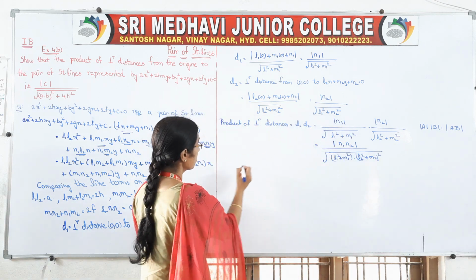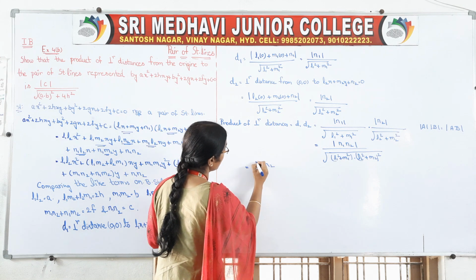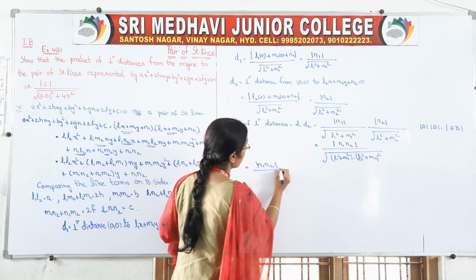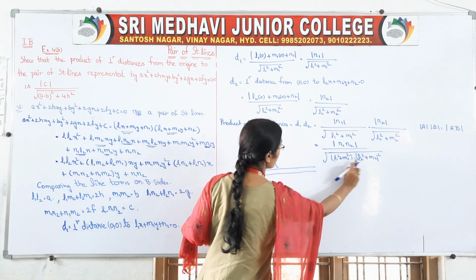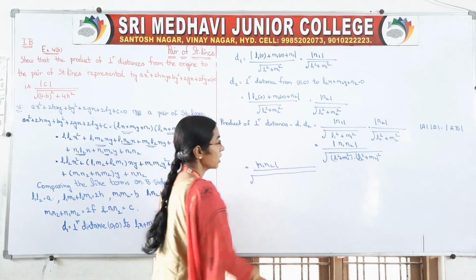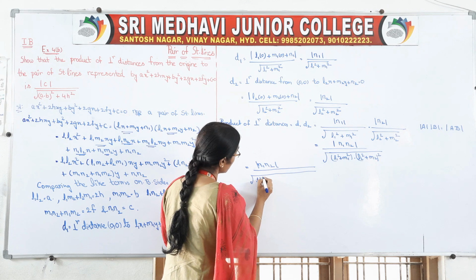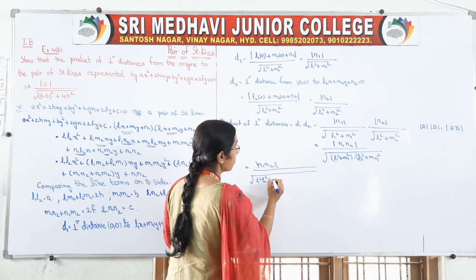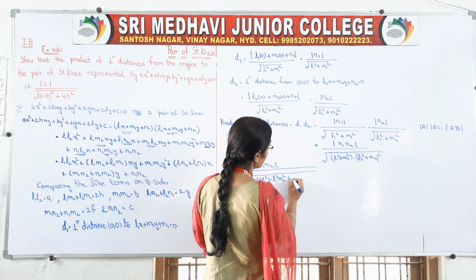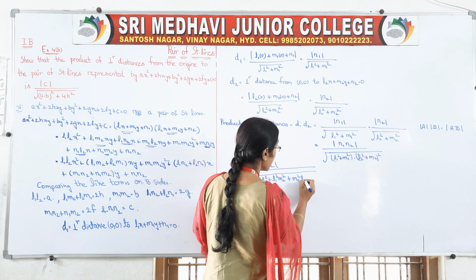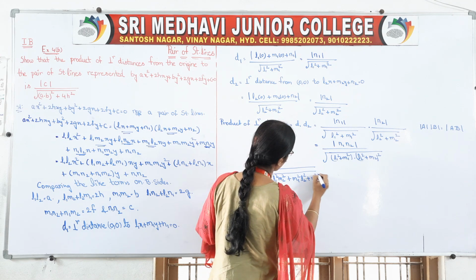Okay, so this can be written as modulus of N1 N2 by root of, now multiply first with L1 square these two values, next with M1 square these two values: L1 square L2 square plus L1 square M2 square plus M1 square L2 square plus M1 square M2 square.